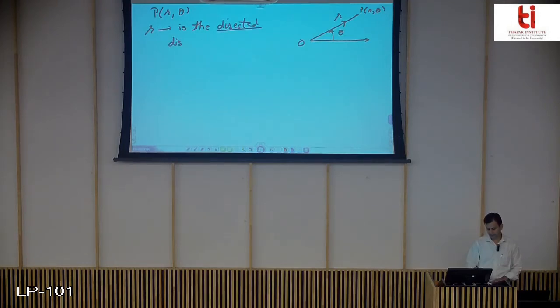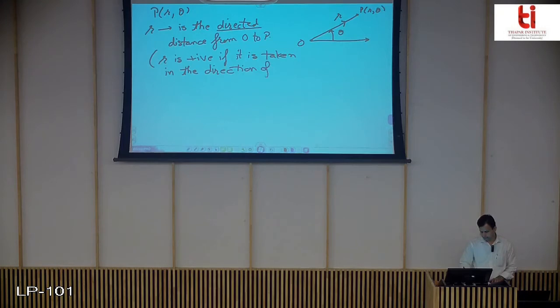What does directed distance mean? This is the beauty of polar coordinates: r can be positive or it can be negative. So r is positive if it is taken in the direction of θ.